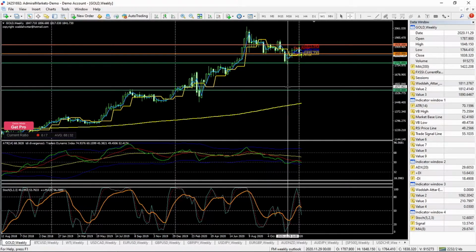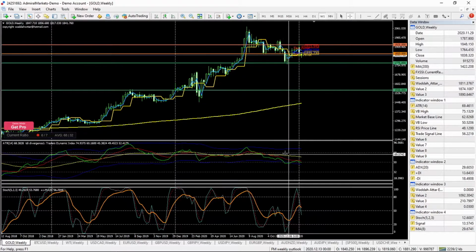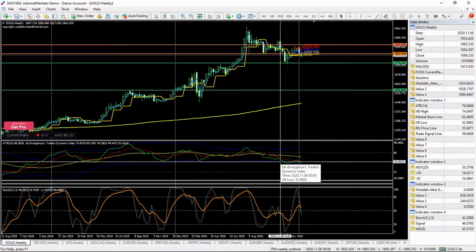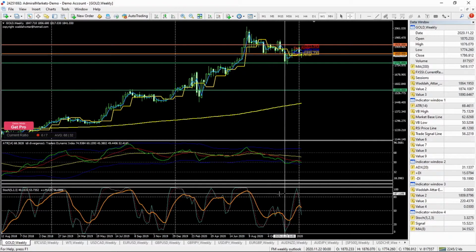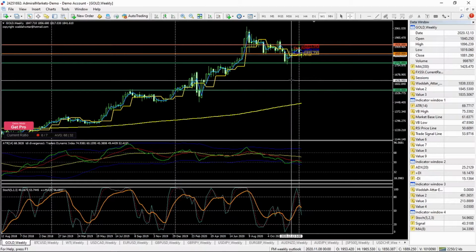That's something I've been using because I've been testing some of the strategies, and I got this TDI from Trading Made Simple. This one I made up myself, but that's what I'm using right now.